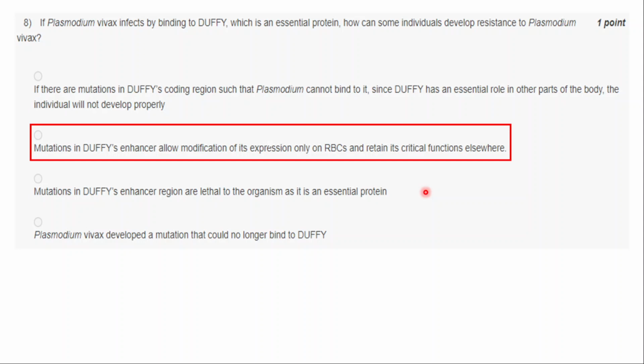Since RBCs are the target for the Plasmodium vivax parasite, which lodges into the RBCs, develops, and propagates the infection, now that the Duffy protein expression on the RBC is modified, Plasmodium vivax cannot infect the RBC, and such individuals develop resistance to Plasmodium vivax.